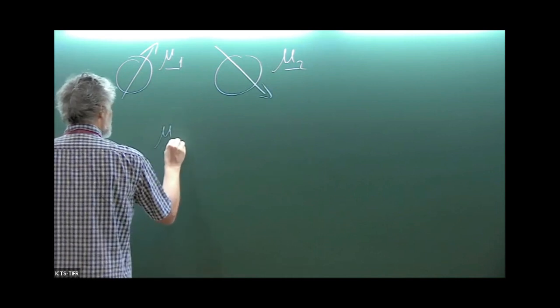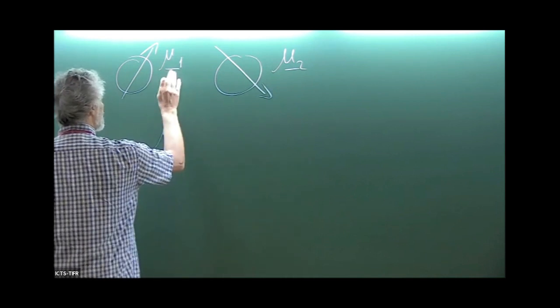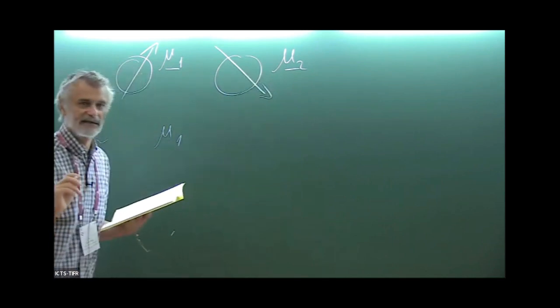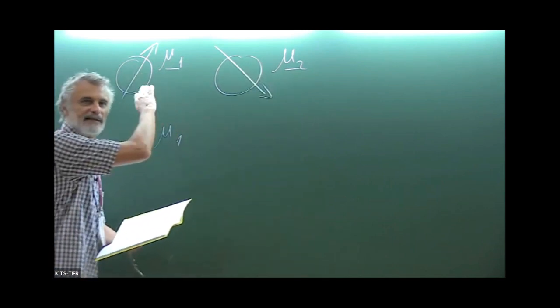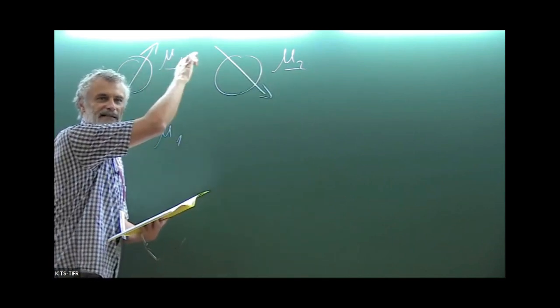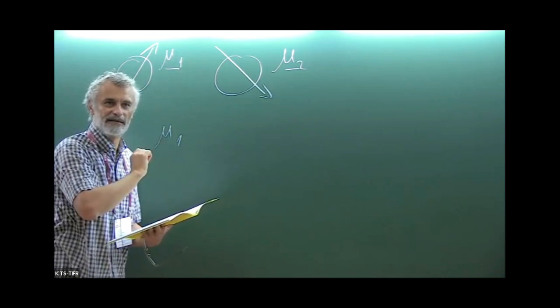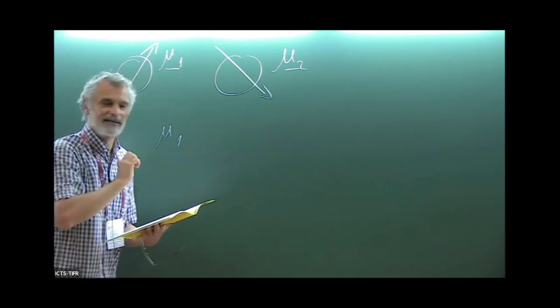It is the mu1, sorry, I usually underline the vectors, but is it fine if I leave it underlined, or would you like me to draw the arrows on top? Fine, okay, yes, good.